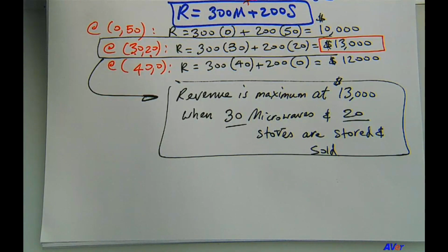So you should write those down. Or I might ask, what is the maximum revenue? Or how many microwaves and how many stoves would the store need to sell in order to maximize revenue? All of those are questions I can ask on a problem like this.